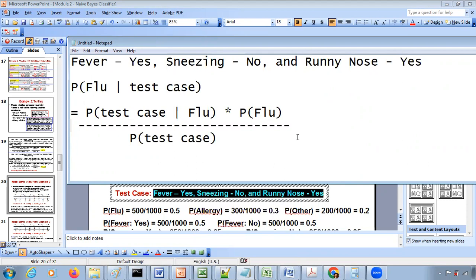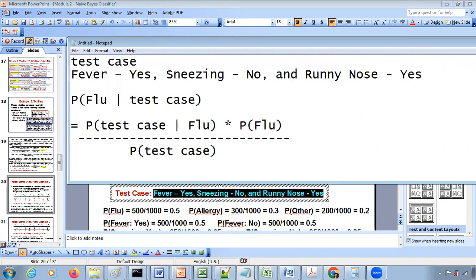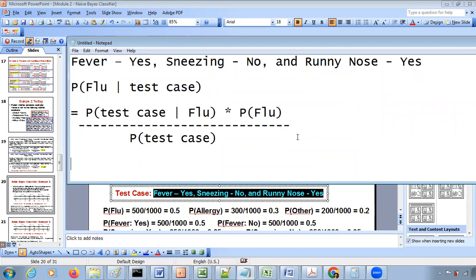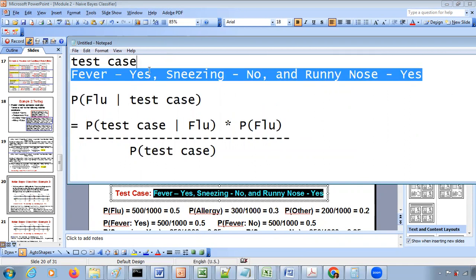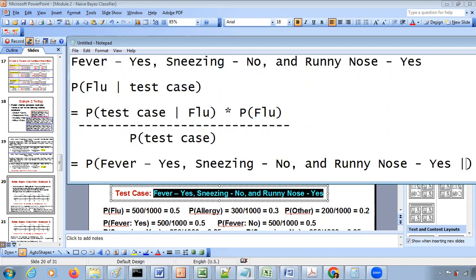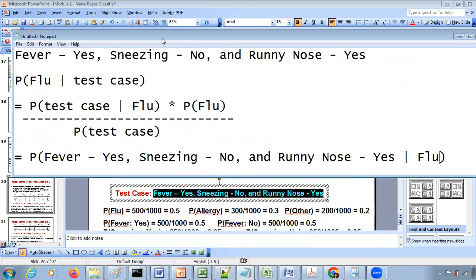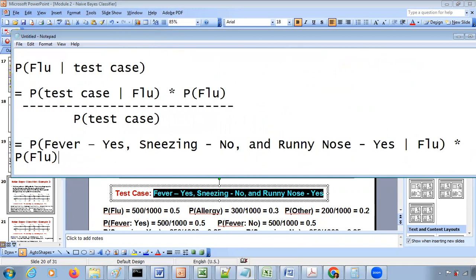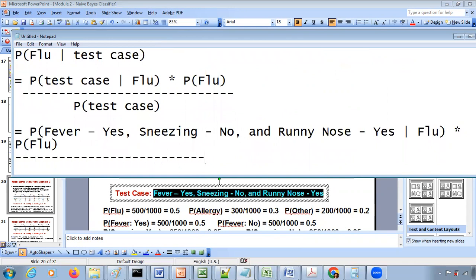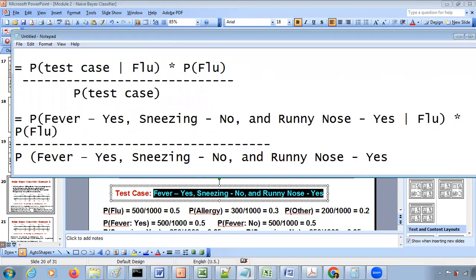So this combination given that someone has flu, times probability someone has flu, divided by this.